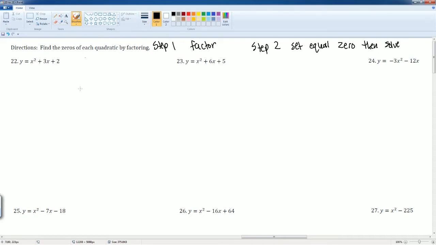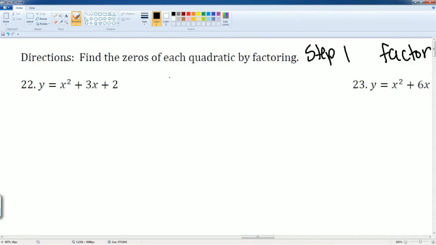All right, let's do 22. We need to factor this. I've noticed this does look like ax squared plus bx plus c. Since a equals 1, we have our traditional trinomial, find p and q. I want to find two numbers that multiply to make 2 and add to 3.